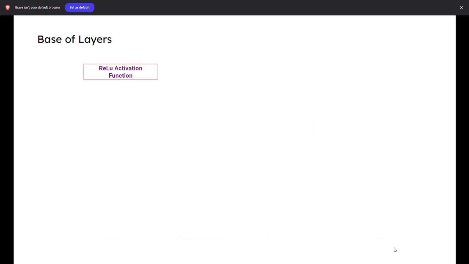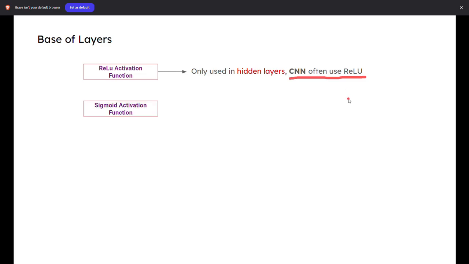There is another way of categorizing, which is based on the layers. How are they used? The ReLU activation function is normally used in the hidden layers, and for convolutional neural networks we often use ReLU. The sigmoid activation function is commonly used in the output layer for binary classification.